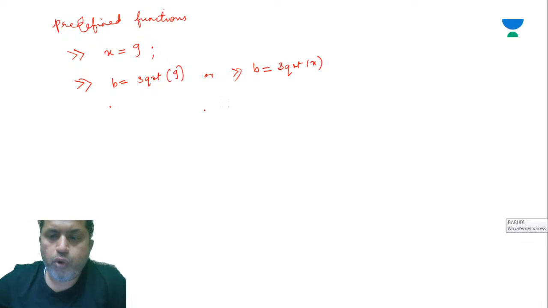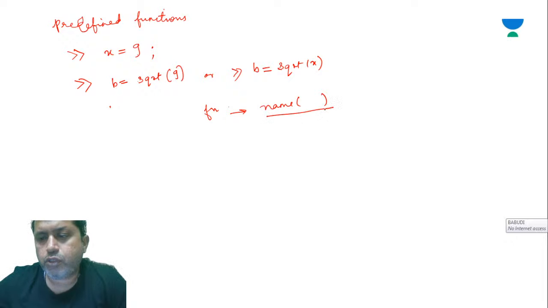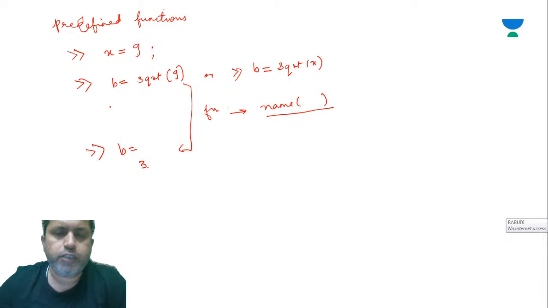So how do you define a function? Name, and in brackets some passing variable. So this is the function name and passing variable. Let us see what will be the answer. If I press enter here, I will get b equal to 3. Actually, square root of 9 is 3.